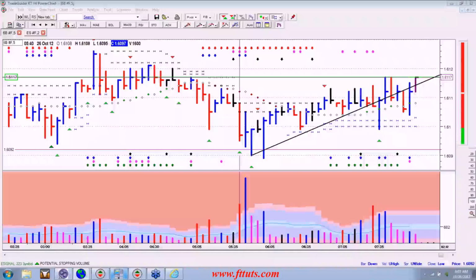But notice it never made it up to this high. I can draw a line here, because that will hold better because we're in a live market. So it never made it up to that high, and it also never made it up to this high either. And so the spring fails. Our nice little spring that started out here looked like we had a chance to go higher because we did see some nice ease of movement.